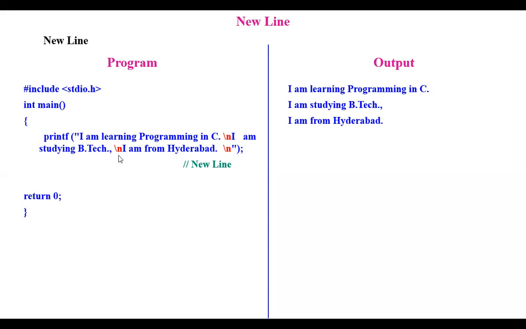A new line starts here. "I am from Hyderabad." So it is not because of the printf statement. It is all because of the new line character. This new line character we have introduced in the quotations makes the magic, and you get the text clearly in different lines, whichever way you want.